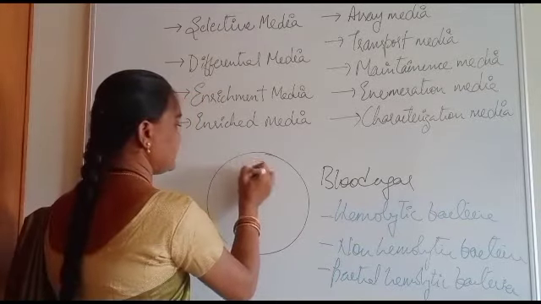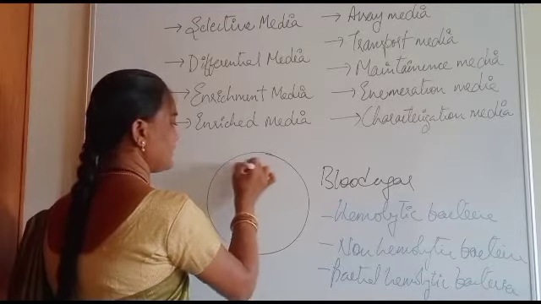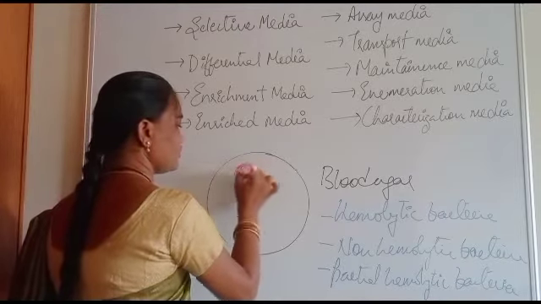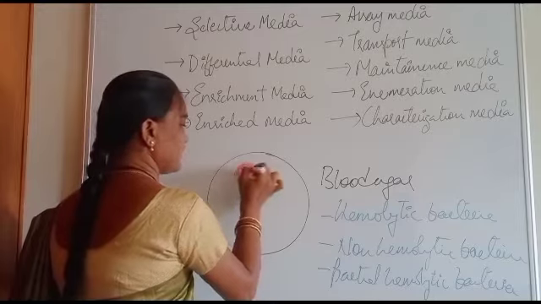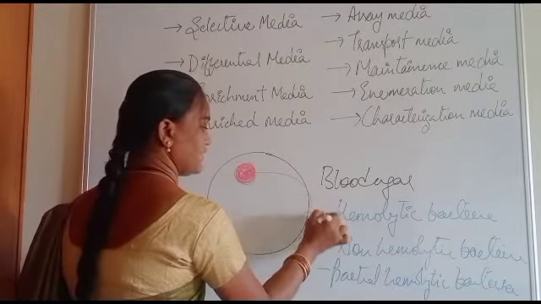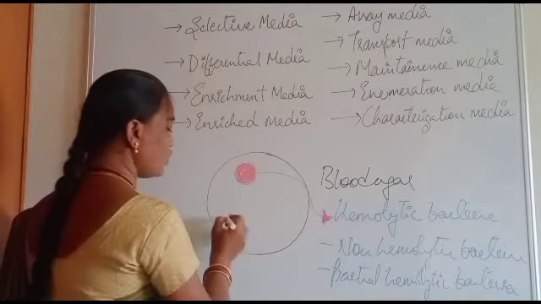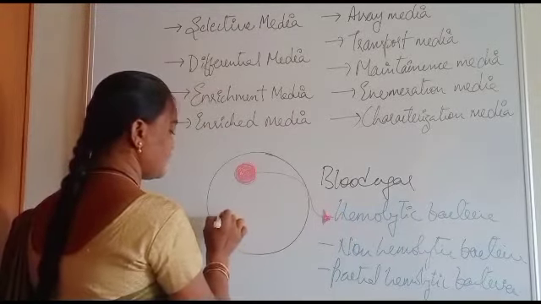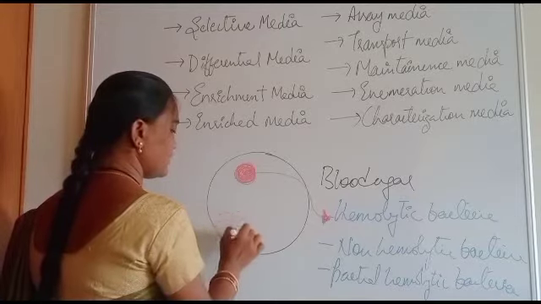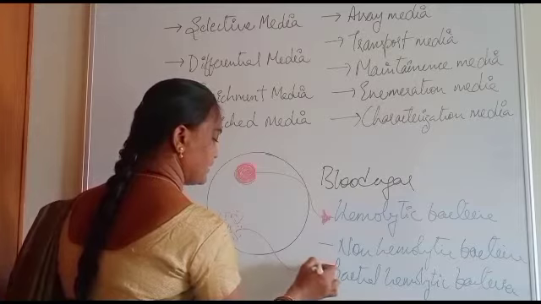At a particular zone, at a corner, a totally red colored zone is observed, and that is nothing but hemolytic bacteria. The zone where a partial hemolysis is observed is partial hemolytic bacteria.